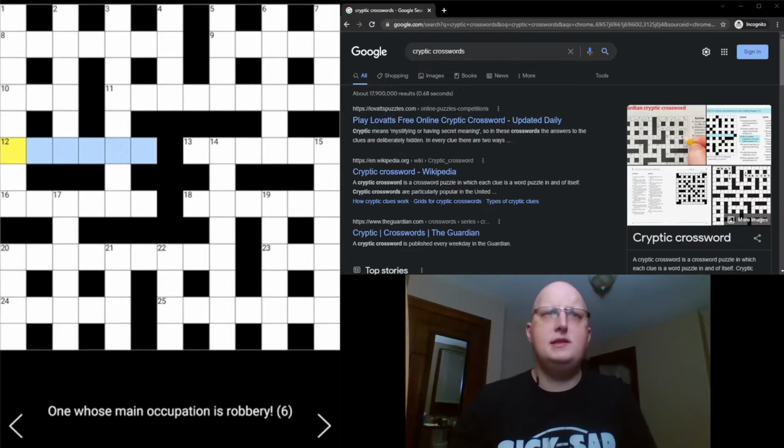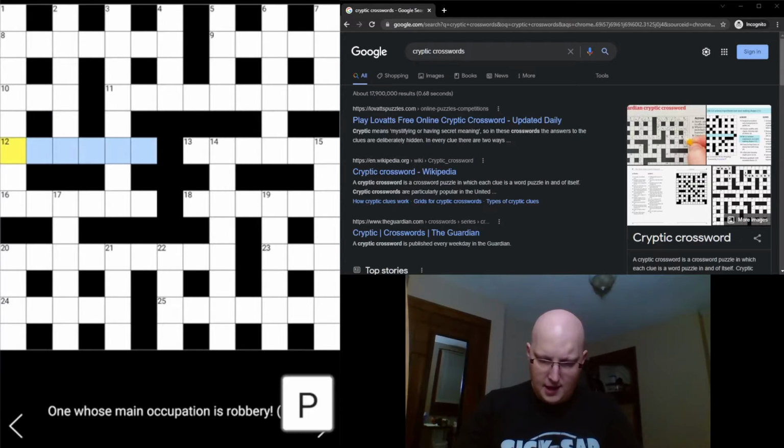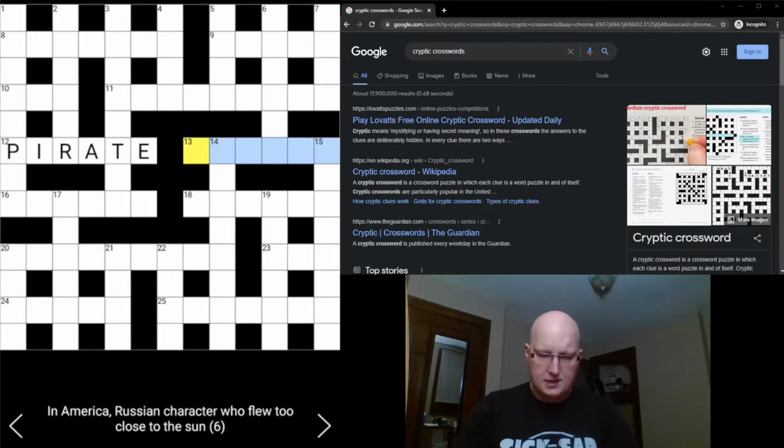Main often means the ocean. Pirate. I bet it's pirate. So the main, like the Spanish main, means the ocean often in cryptic crosswords. And a pirate's occupation at sea is robbery. So I'm going to go ahead and stake that that's pirate.